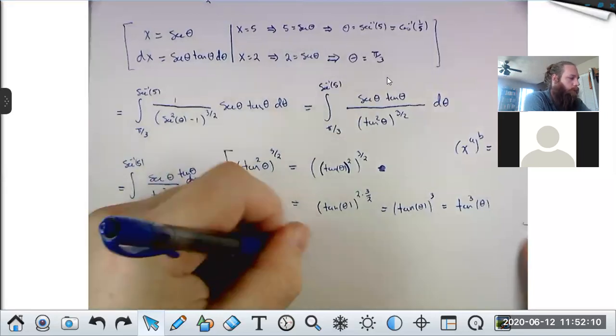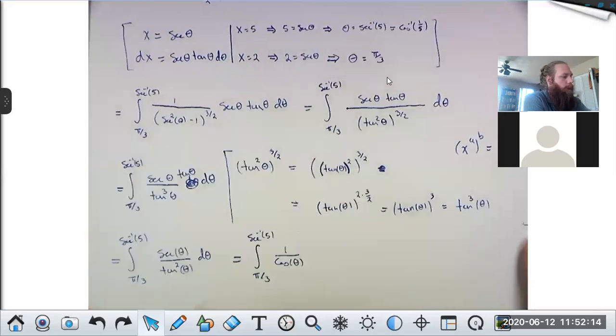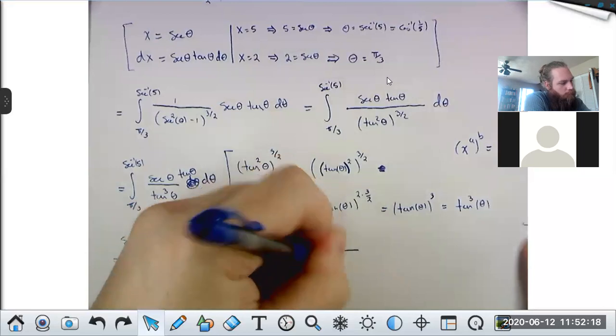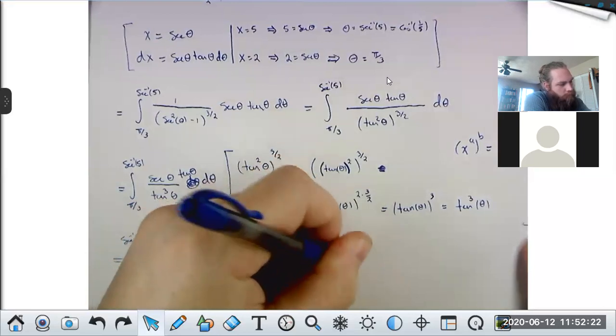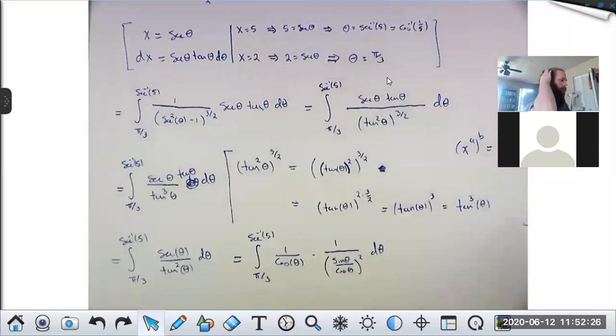Secant is 1 over cosine theta. And I'm dividing that by tan squared theta. So that's 1 over sine theta over cos theta squared, like this. I'll write it like that for now, so everybody can see where we're going.